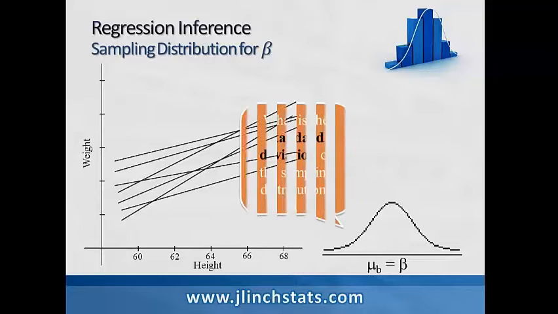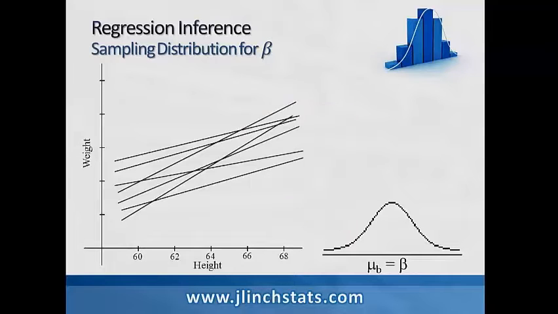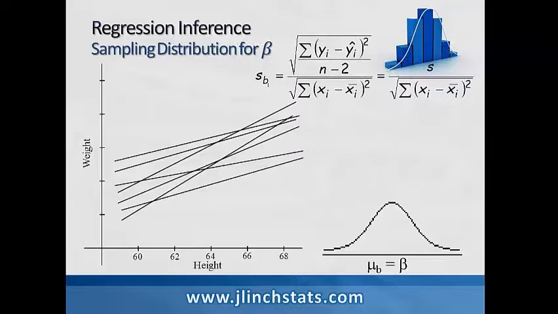Now, what's the standard deviation of this particular sampling distribution? The standard deviation of the sampling distribution for b is given by the following formula. And notice we call it s sub b sub 1. Now on your formula pages, b sub 1 is denoted as slope. And s sub b sub 1 is the standard deviation for the slope of our least squares regression model.